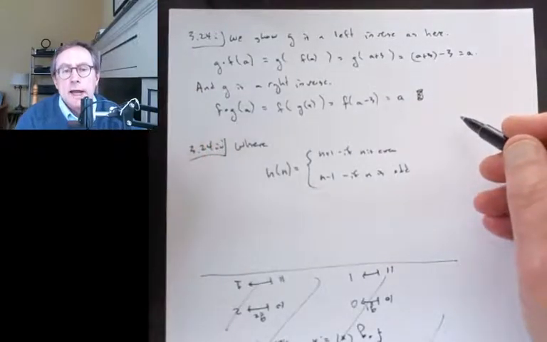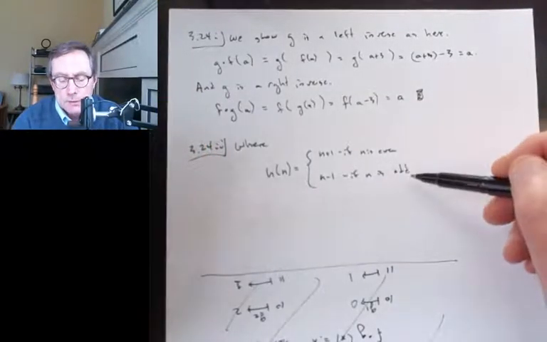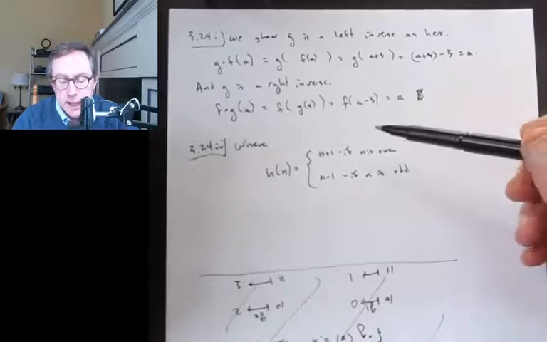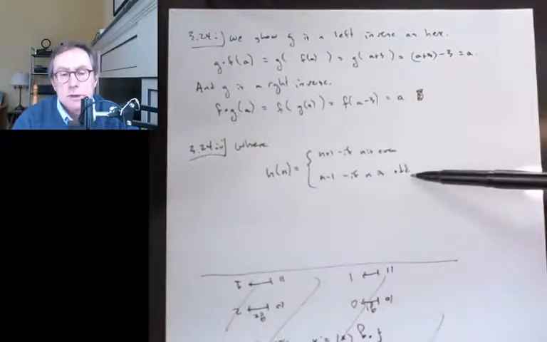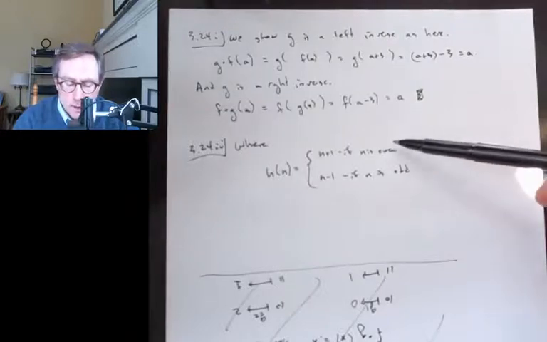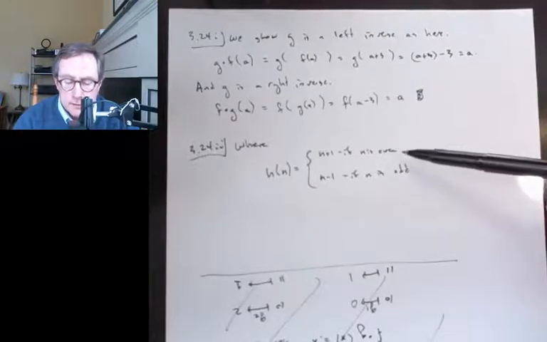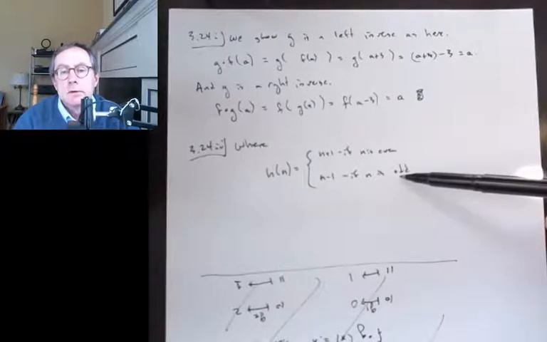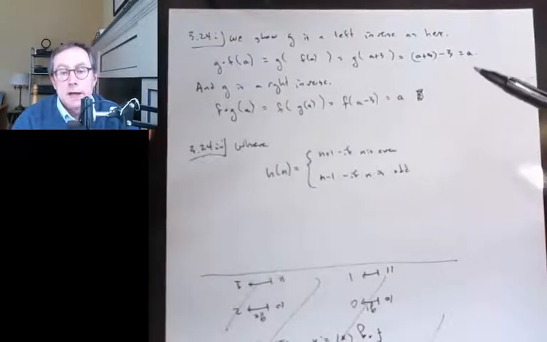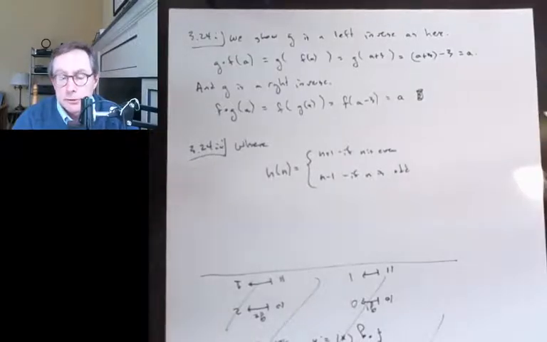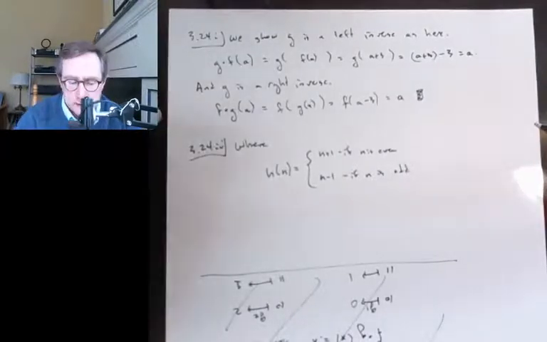If you take out a piece of paper and start working with some values of h, what you see is that, for example, 2 goes to 3, and 3 goes to 2. 4 goes to 5, and 5 goes to 4. So they're swapping places. The idea for how you undo swapping places is to swap them back.